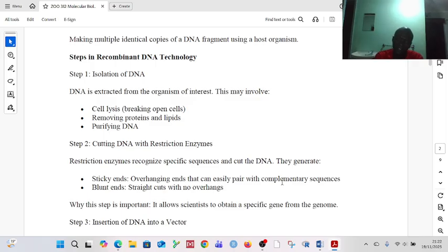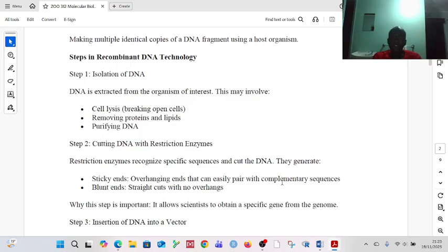So the second step after you've isolated DNA is now to cut that DNA with restriction enzymes. So the restriction enzymes recognize specific sequences. So it means specific restriction enzymes will cut at a specific site. Sasa inamaanisha ukitaka kupata a particular gene, you might realize that depending on where that gene begins and ends, it's possible that you will use a different restriction enzyme than when you are cutting another gene.